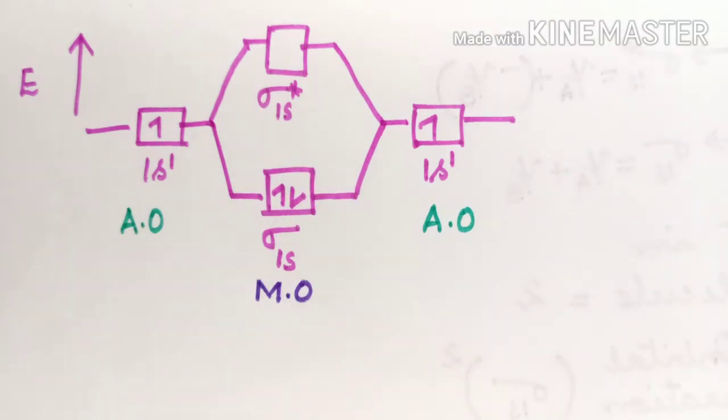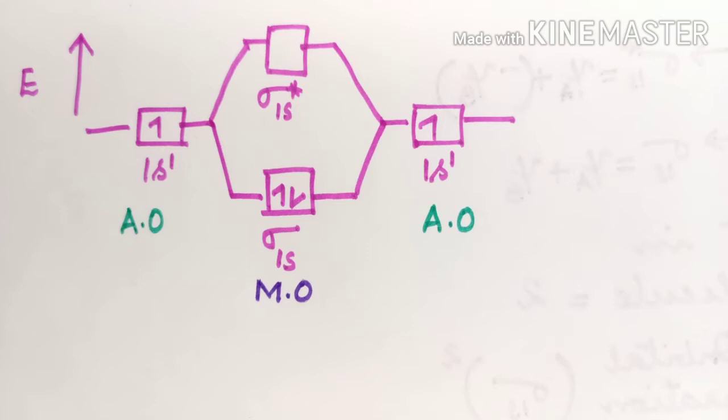Since the bond order in the molecule is 1, if it is positive, we can say that the molecule formed is stable. Now, to check the nature of this molecule, we have to check how many electrons are there in the molecule, whether it is in the paired condition or not.